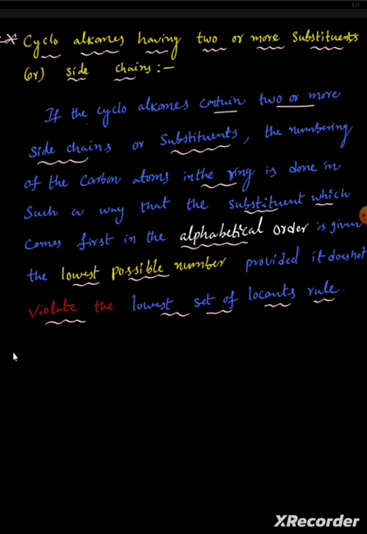See here, examples we will see. For example, CH3, cyclopentane having two methyl groups. Here we are giving numbering from 1 and 2.